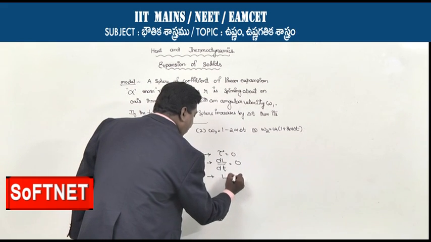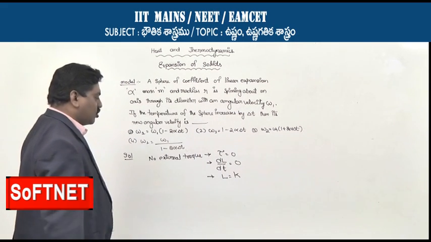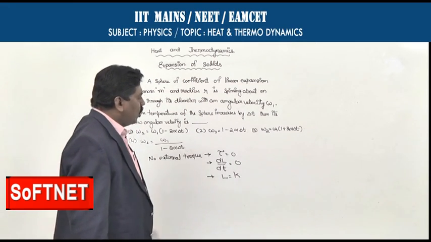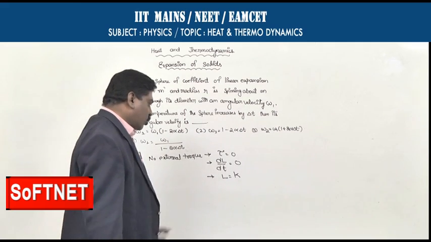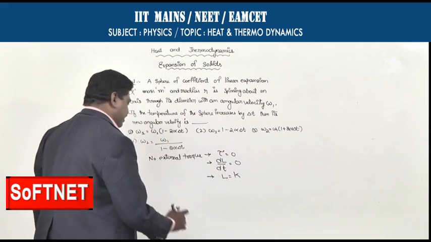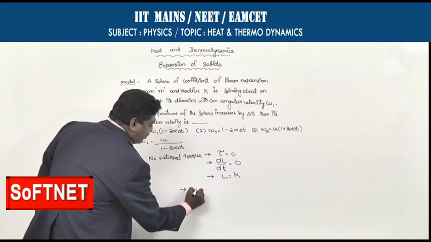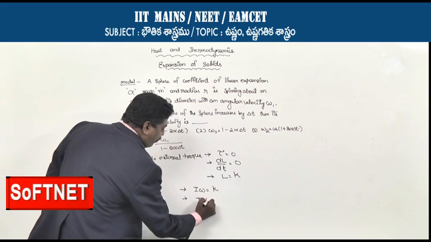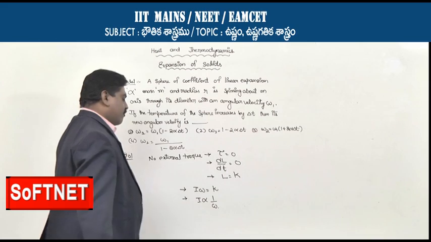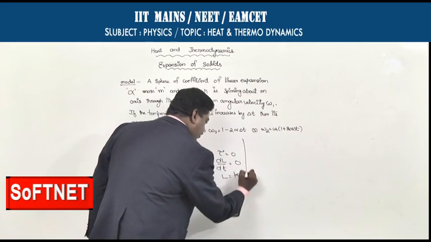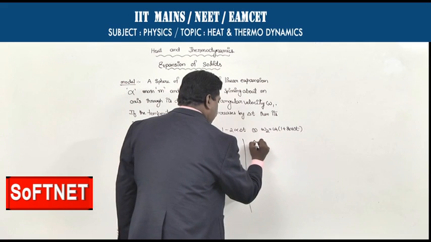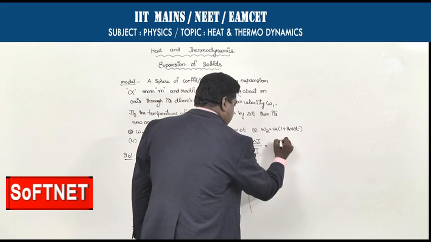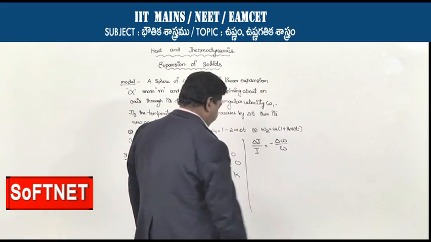Then in that case we are having angular momentum as constant, because there is no external torque in the given problem, only the temperature is increased. So we can write this as I omega equals constant, so that I is proportional to 1 by omega. From fractional changes, we are having delta I by I equals delta omega by omega with negative sign.